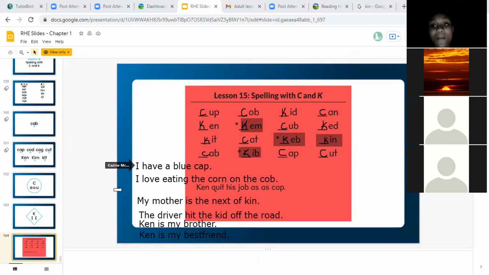I have a blue cob. All right. I love to eat the corn on the cob. Read it again. I love eating the corn on the cob. All right. My mother is the next of kin.